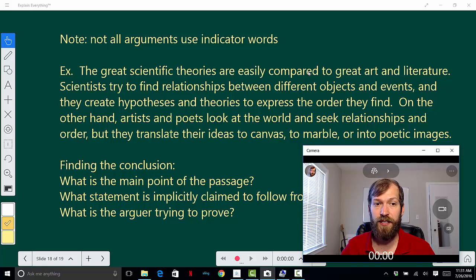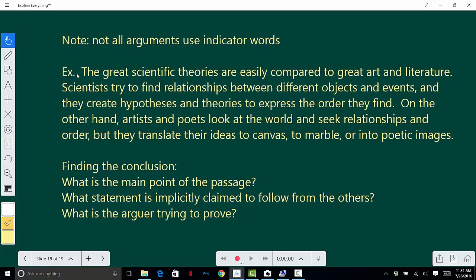So that strongly suggests that the main point in what the author is trying to prove is this first statement here. And then these are going to end up being our premises.